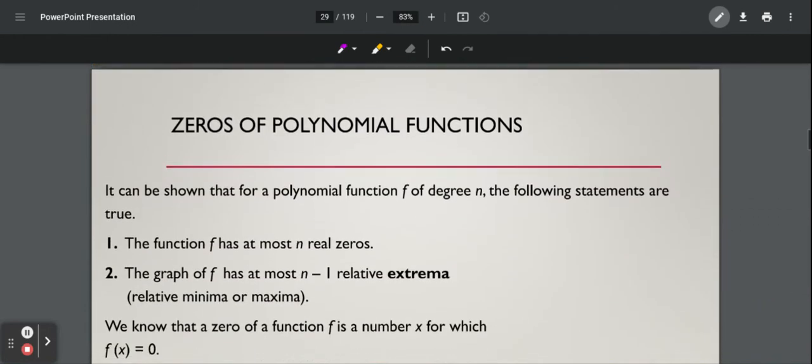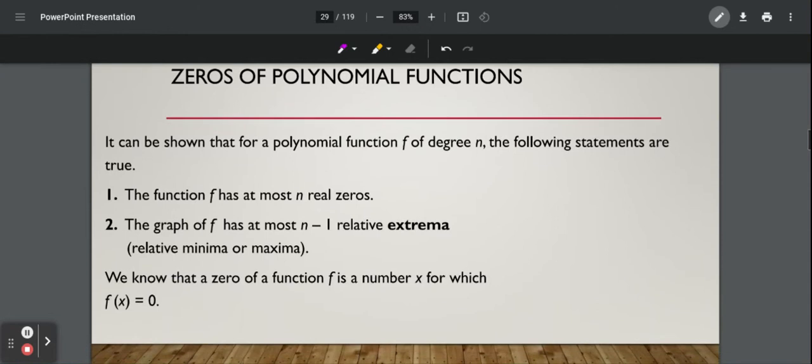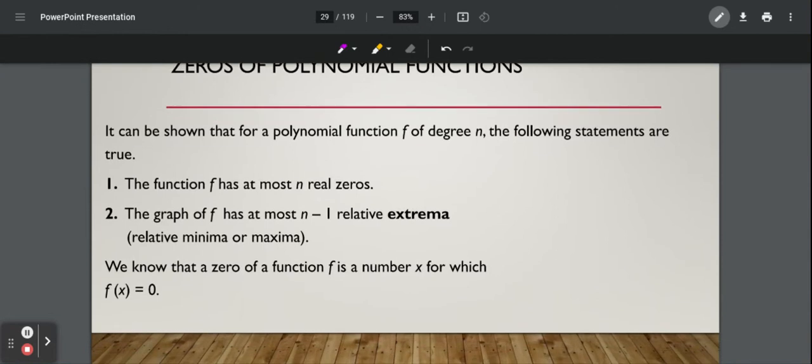For the zeros of a polynomial, a function of degree n has at most n real zeros. So if you have a degree 3, you could have at most 3 real zeros. You have at most n minus 1 relative extrema, and an extrema is just a max or min.